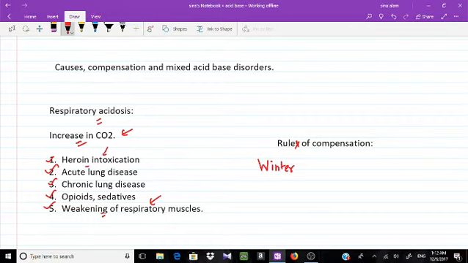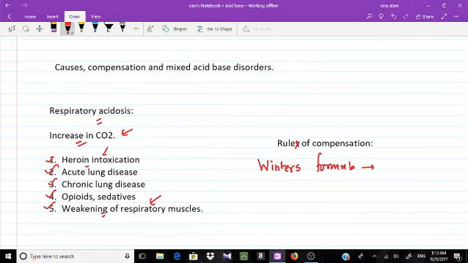I'm not sure if his name is Winters or Winter, whatever. Winter's formula describes that for a change in the level, you predict a compensation.